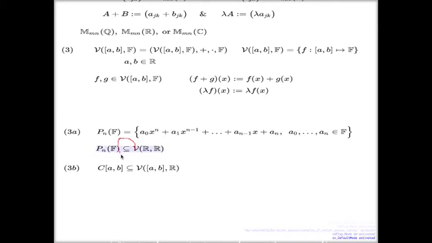I'm not sure if you're familiar with this symbol, you read it as subset. So this is an example which will be a subset of all functions defined on the interval AB with values in R. You see R here, there's no exception here.